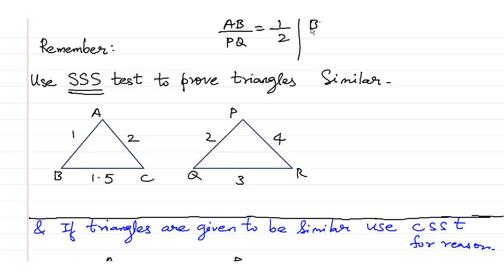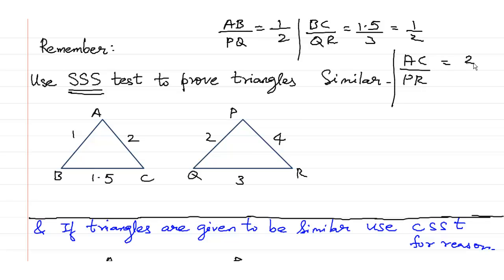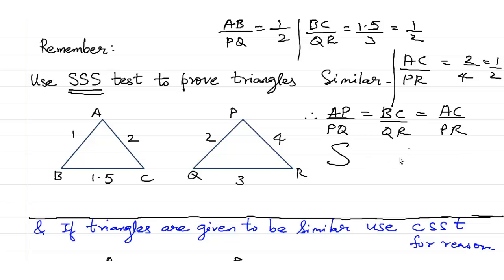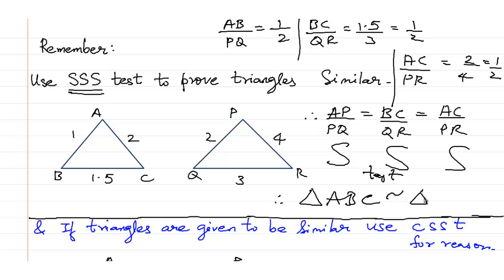Then BC upon QR is 1.5 upon 3, which also turns out to be 1 upon 2. And AC upon PR is equal to 2 upon 4, and that is also 1 upon 2. Therefore AB upon PQ is equal to BC upon QR is equal to AC upon PR, and therefore by SSS test, triangle ABC is similar to triangle PQR. So this is the SSS test.